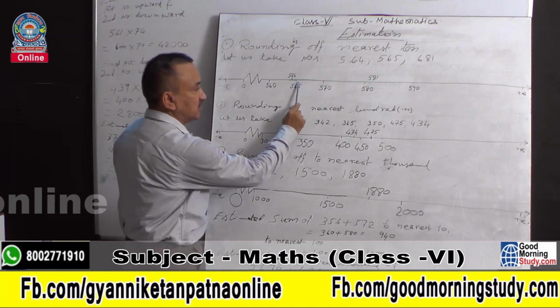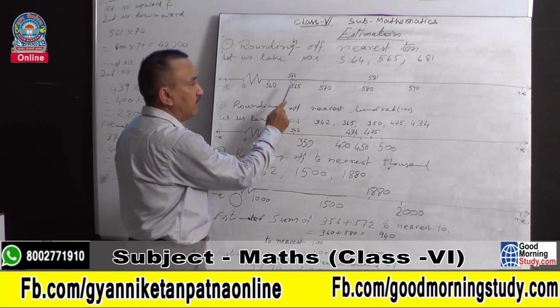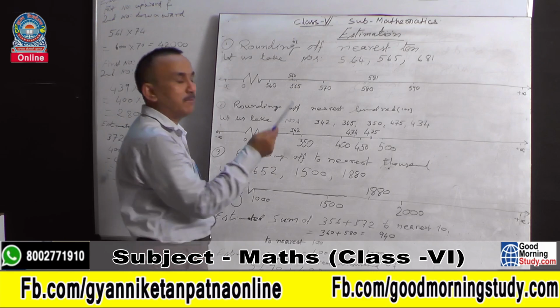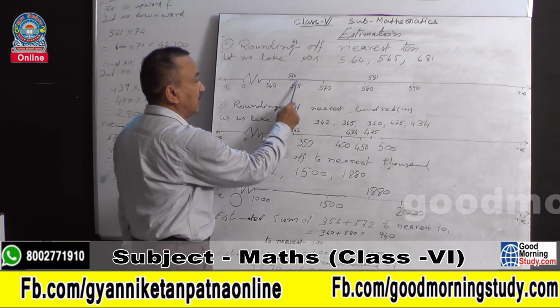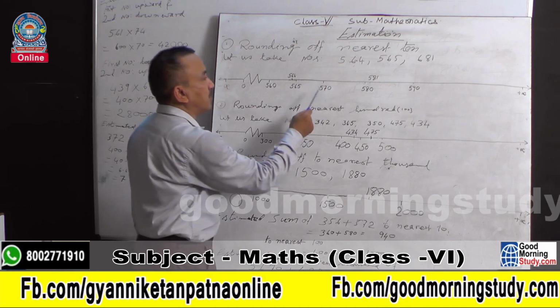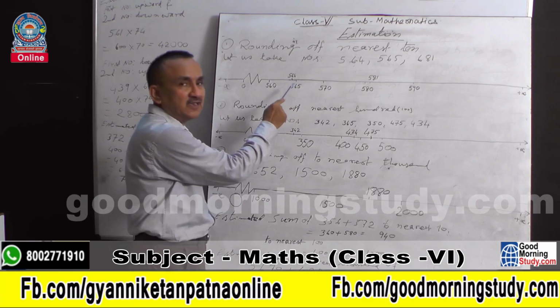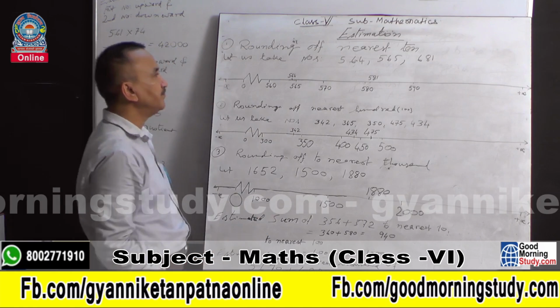Now 565, as it is in the middle, every time we will take the middle of these two tens, the nearest 10 of the middle number must be ahead of this number. That is, the nearest 10 of 565 is 570.